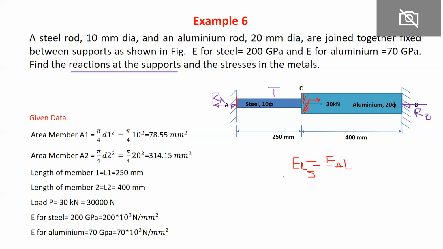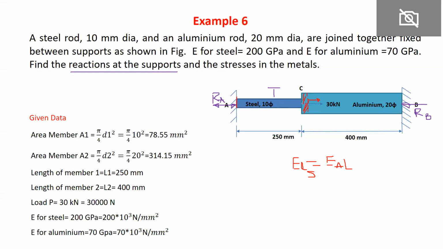And in the second category, we have to use compatibility equations. Compatibility equations depend upon the conditions. Condition here means this is constrained here and here. This entire structure or two bars will not move beyond this boundary, on this side or this side.